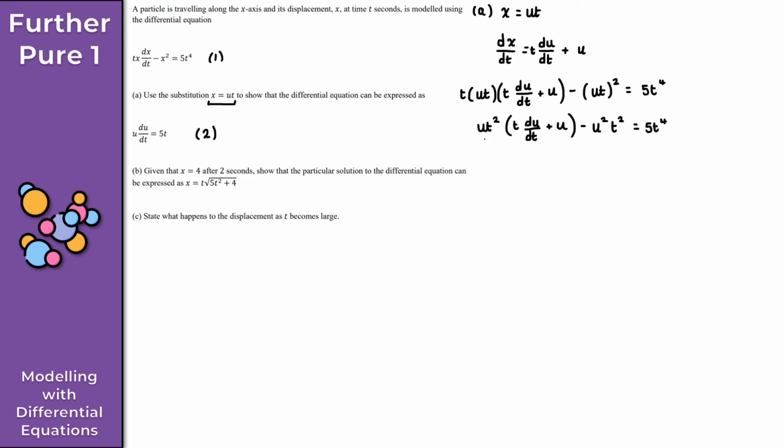So u squared t squared minus u squared t squared, they just cancel, like so. And now if we expand ut squared with t du by dt, that gives us u t cubed du by dt. Okay? And this is all equal to 5t to the 4.